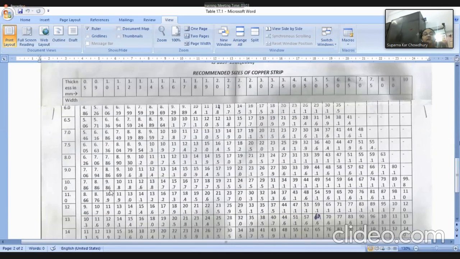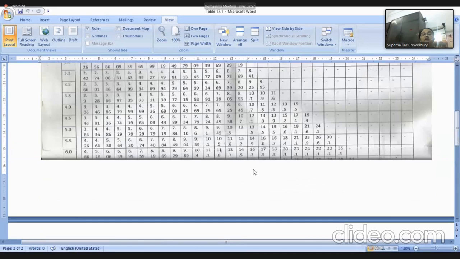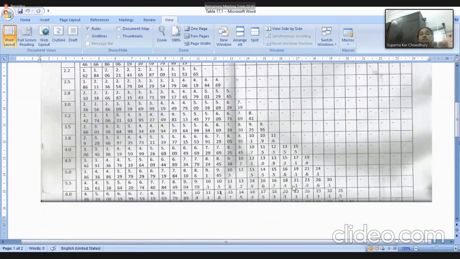Now say you have calculated a 25 millimeters square conductor. You can see that this is the W, the width, and this is the height of the conductor. 25 millimeters square, you can see where it comes. This is the area.